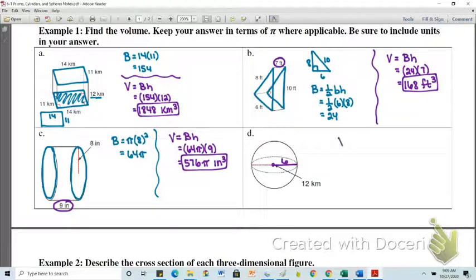So my volume formula is 4/3 pi r cubed. So we're going to plug in 4/3 pi times 6 cubed. Again, we're treating pi like it's a variable, so I'm going to do 6 cubed times 4/3. I get 288 pi kilometers cubed.